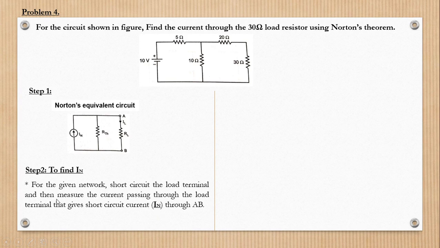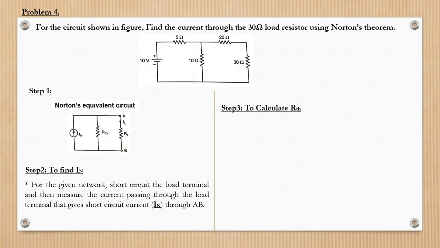Here, short circuit the load terminal is the instruction. That means load terminals are nothing but terminals A and B. Across the load terminals, load resistor is connected, which is 30 ohm resistor. So these terminals should be short circuited. This is what is given in step 2.